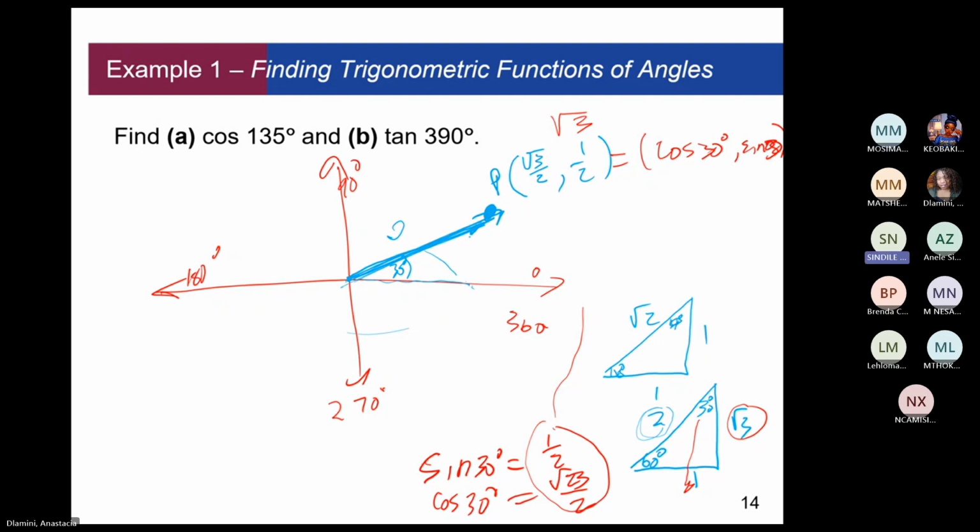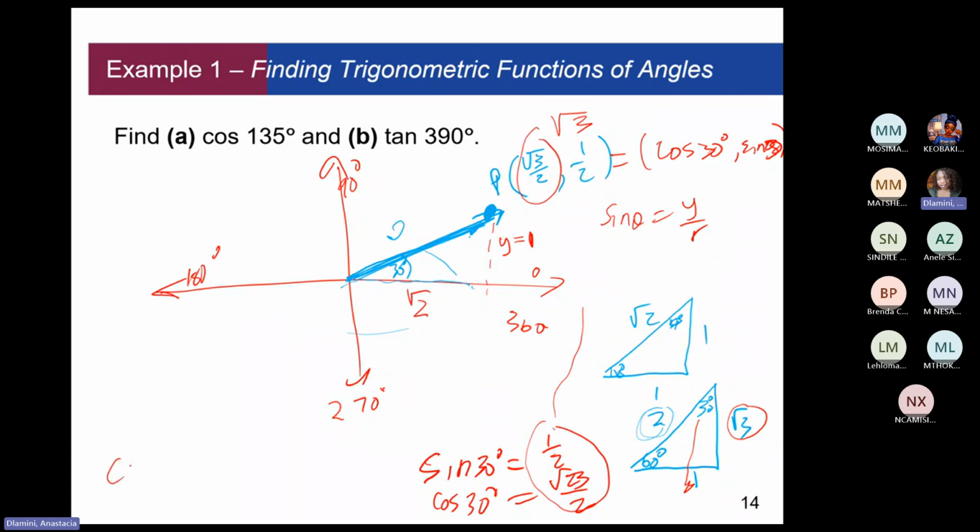So when you go down like this, this will be your opposite, and your opposite is represented by y. Remember the expression, sine is equal to y over r. So y in this case is 1, and x is the square root of 3, because here this is cos.